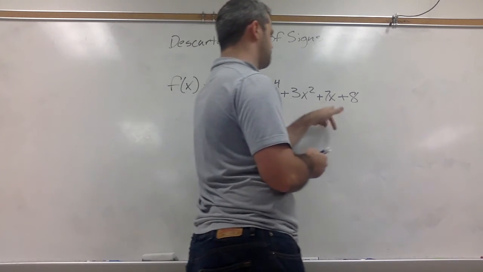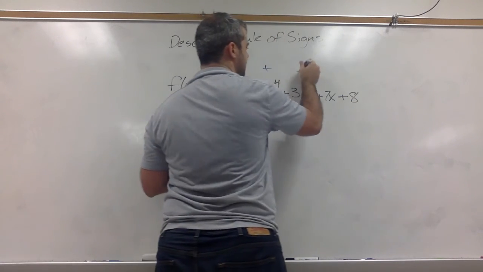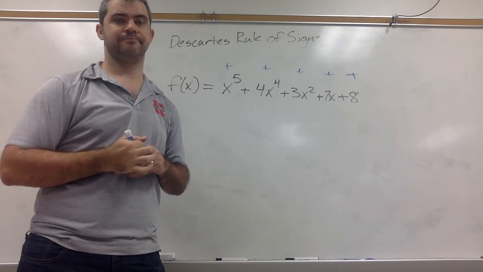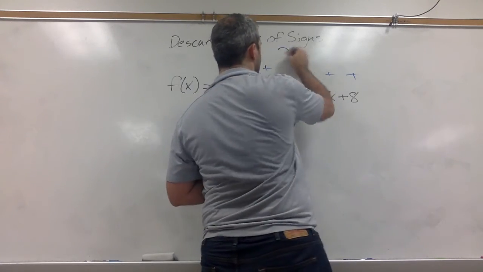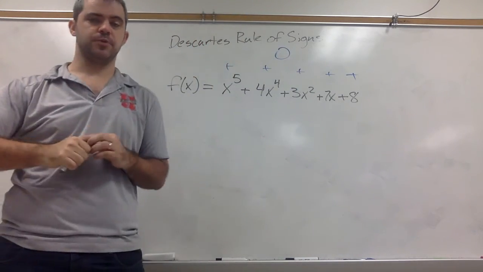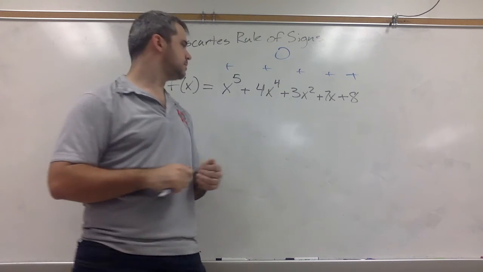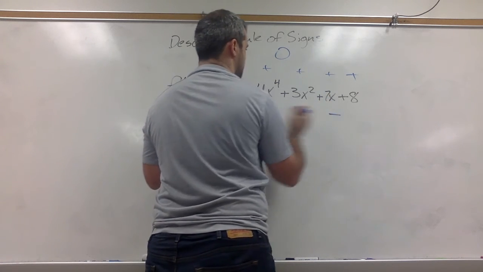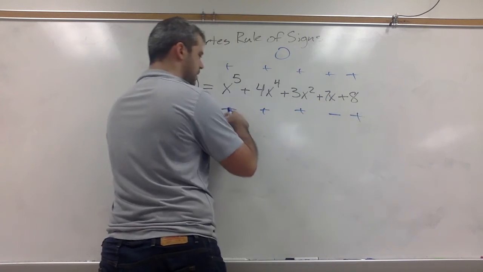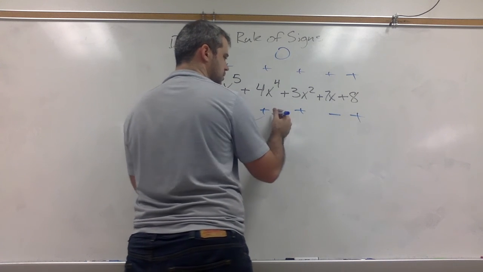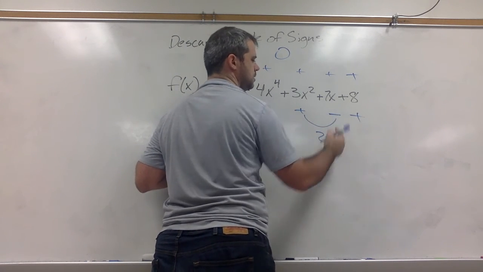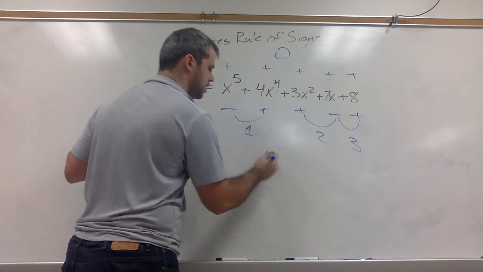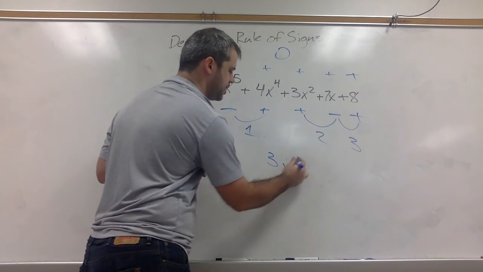So positive, positive, positive, positive, positive. All positive. So how many times does the sign change? Doesn't change. So we have 0 positive roots. But my odd term and my other odd term, we need to change those signs. Change of sign. No change. Change of sign. Change of sign. So there could be 3 negative solutions, but there could also be 1.